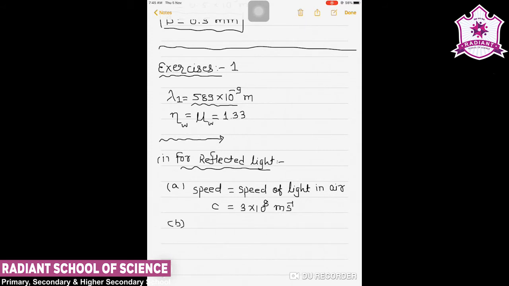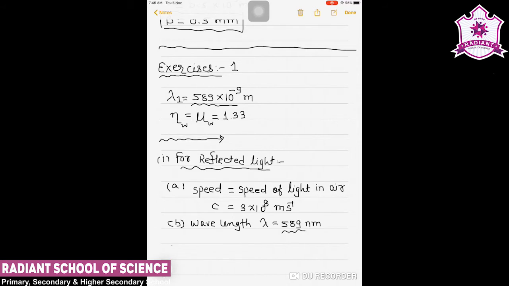Now b, the wavelength will also remain the same. So wavelength lambda is also 589 nanometer, as it is in the air, because in the reflection it will not change.